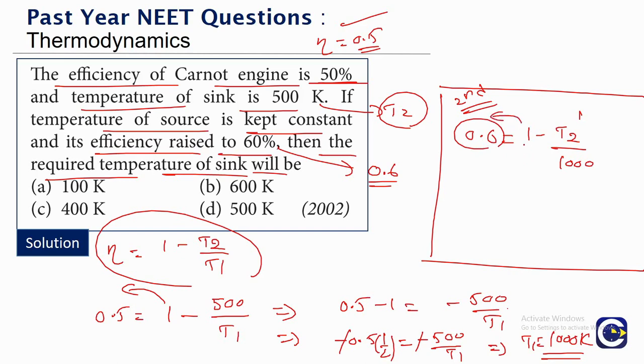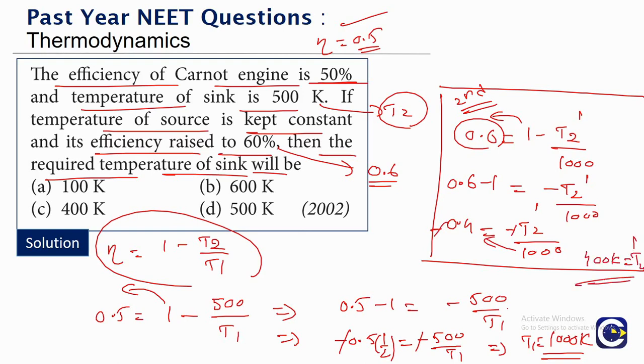Okay, so 0.6 means what? We can either convert this into fraction form, or we can first bring the 1 to the left side. It will be what? 0.6 minus 1 is equal to minus T2 dash by 1000. 0.6 minus 1 means what? Minus 0.4. So minus 0.4 is equal to minus T2 dash by 1000. Minus is cancelled. We will bring the 1000 to the left side. 0.4 into 1000 means what? This is 400 in terms of Kelvin scale.